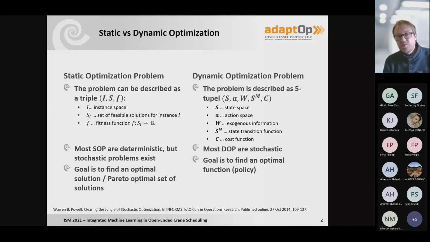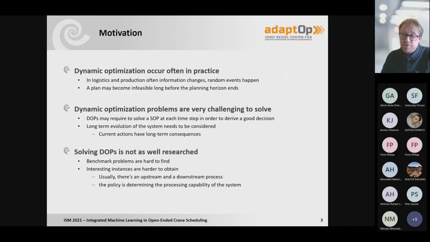In the dynamic optimization problem, you actually seek a function, an optimal function, also called a policy, that optimizes the problem. So the space of potential functions is much larger than the space of solutions that you can find. It's a very hard challenge, but we feel it is very necessary to consider this in these changing environments, in these practical applications.